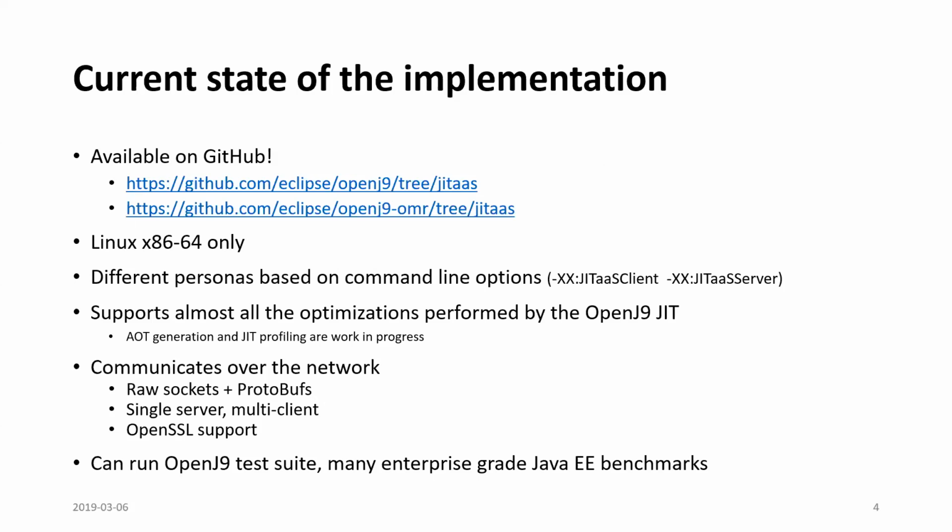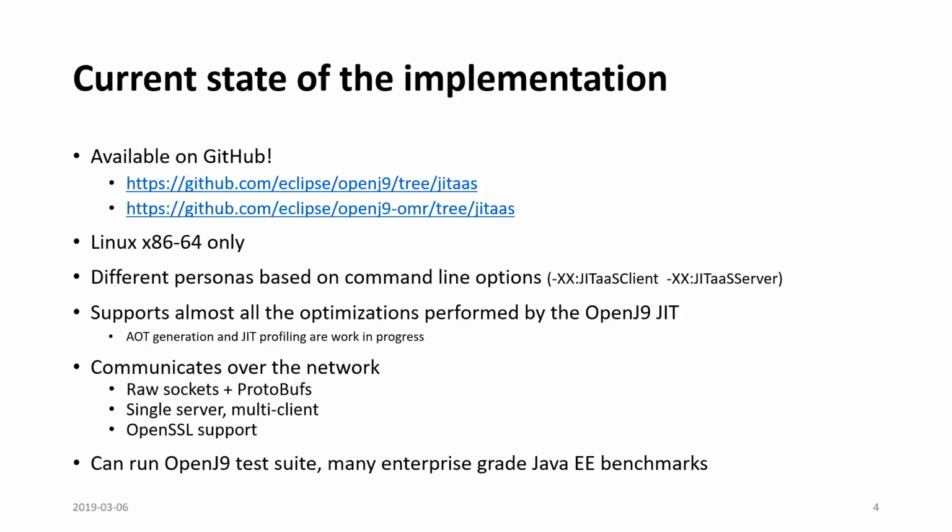It's important to note that the same JVM can take different personas based on the command line options. If you don't provide anything specific, then your OpenJ9 JVM is going to behave normally, but if you specify -XX:JITaaS server, then the JVM is going to wait for incoming compilation requests.